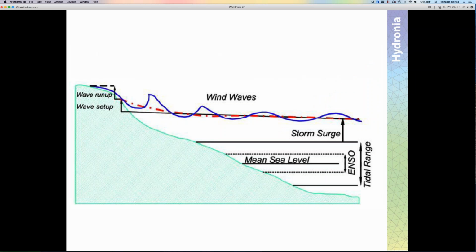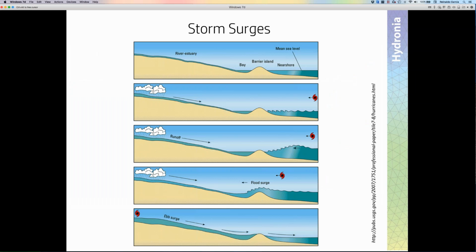But again, I want to remind you that there is not a single factor. There is always a combination of factors, either sea level rise plus tides or sea level rise plus a storm surge, etc., that causes the flooding problems. In particular, the storm surges are well known in different areas because they occur for a relatively short period of time, but they create a lot of problems.